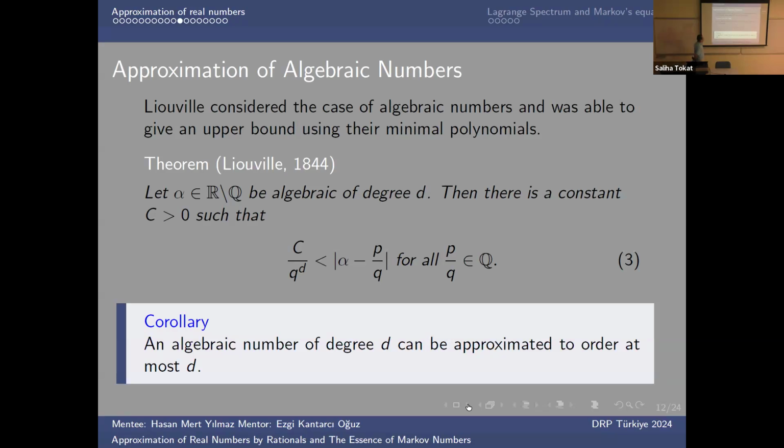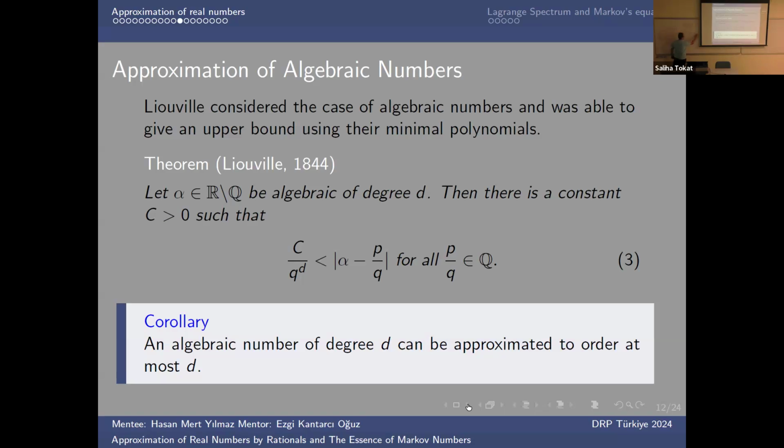And this theorem of Liouville says if alpha is an irrational number and algebraic of degree d, then we can find a constant such that this inequality holds. The direct corollary of this theorem says an algebraic number of degree d can be approximated to order at most d.